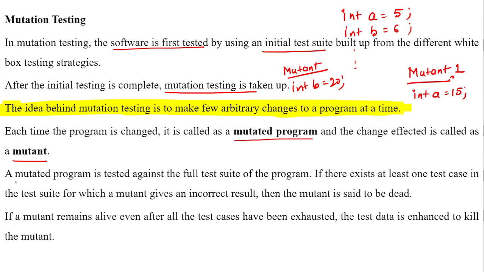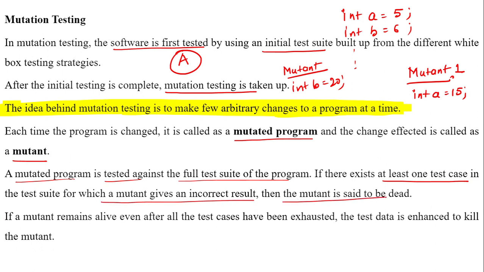A mutated program is tested against the full test suite. You tested here and got a value, and now you test the mutated program again. If there exists at least one test case in the test suite for which the mutant gives an incorrect result, then the mutant is said to be dead.